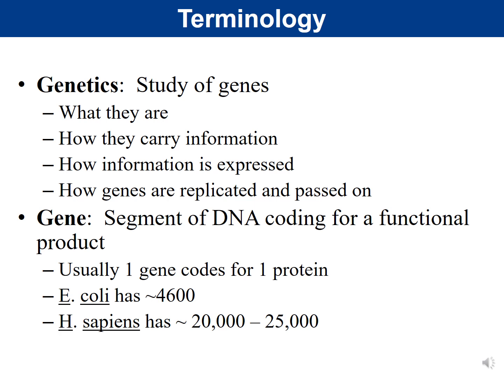And so, interestingly, if you compare humans with Arabidopsis, which is the mustard plant, plants have more genes than humans do. Yet, we are considered to be more complex. And one of the things that we'll learn is that humans, for example, can do something called alternative splicing. They can take one gene and cut it in multiple different ways to give more than one protein from that one gene.